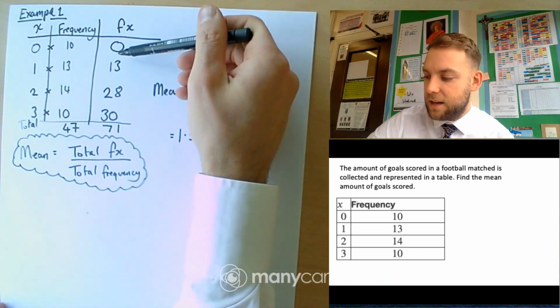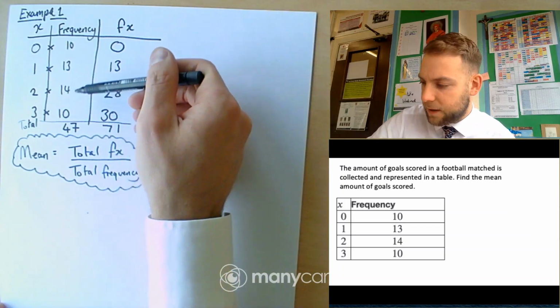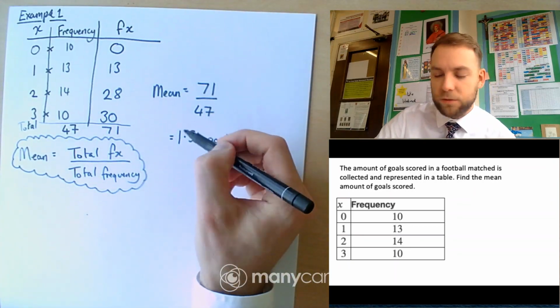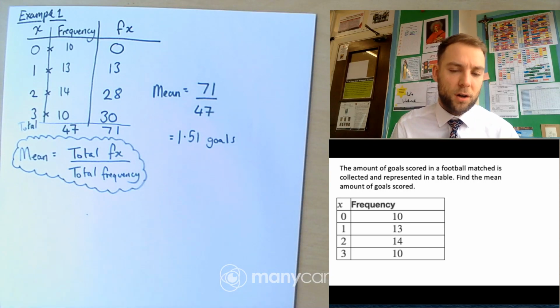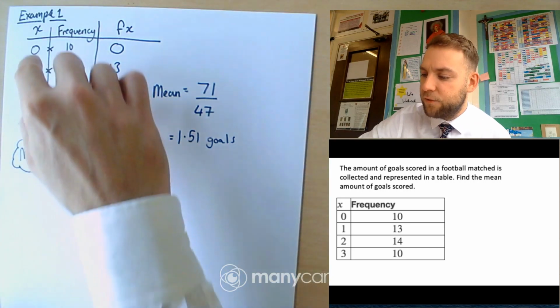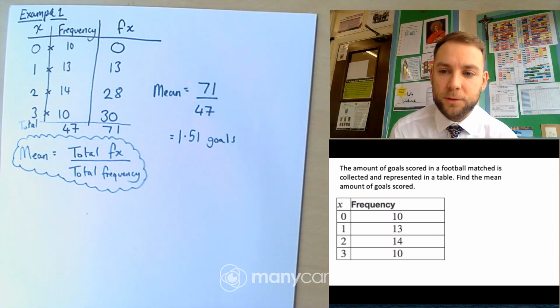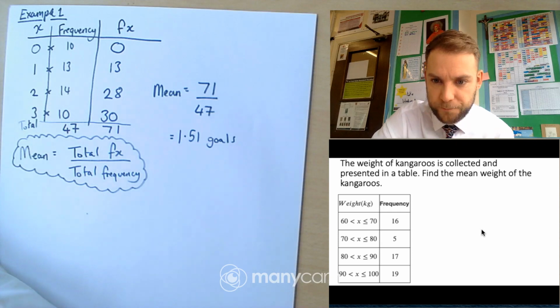You then add all these up and find the sum of FX divided by the sum of the frequency, which in this case is equal to 47, and then it's going to be 71 divided by 47, which is 1.5, which is the mean amount of goals. So this is from just a frequency table. This isn't a group frequency table. So the next one I'm going to be looking at is a grouped frequency table.